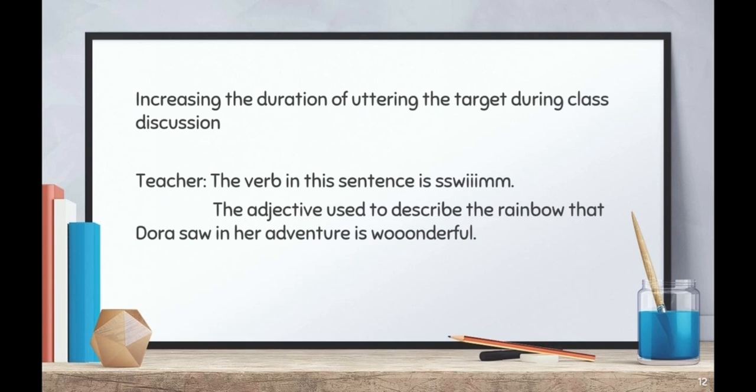For the last one, the adjective used to describe the rainbow that Dora saw in her adventure is wonderful. Again, what word did I extend my uttering in the sentence?